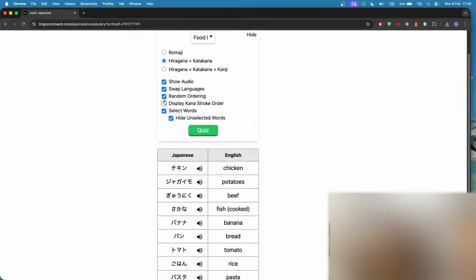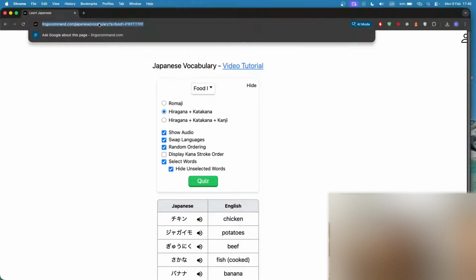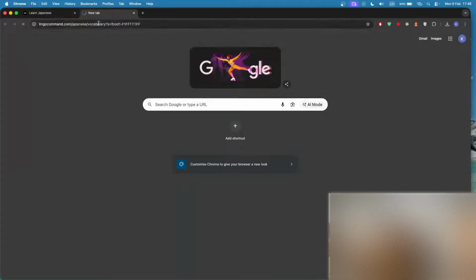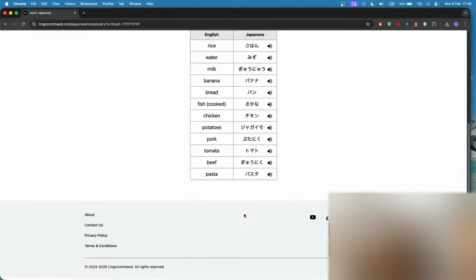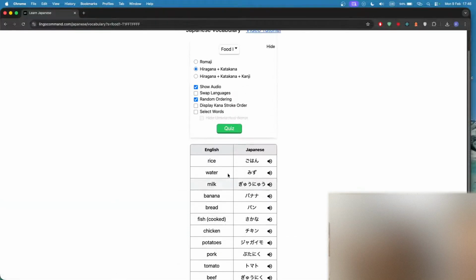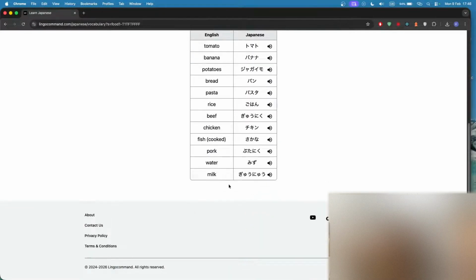So with that done, the only reasonable next step would be to do the whole vocab list. So let's uncheck select words and we'll put the Japanese on the right and we'll uncheck random ordering.